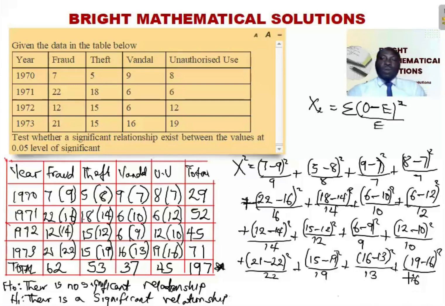So this is what we are going to solve to get the value of our chi-square. Now let me work from my book now.